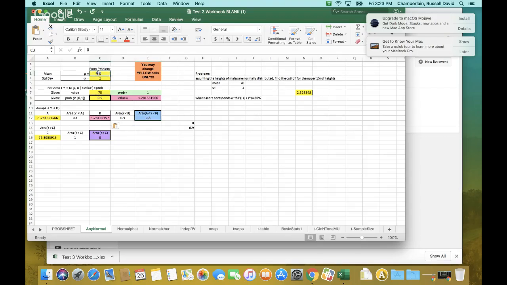I can also reflect this and do it with a specific probability, a specific mean and standard deviation, right? I want 0.9 below, so that would give me that number. Now I have to be a little bit tricky. That right there is the correct number to put here. Values only. There we go. But it's not the correct number to put here, right?